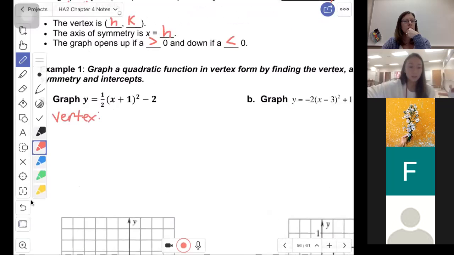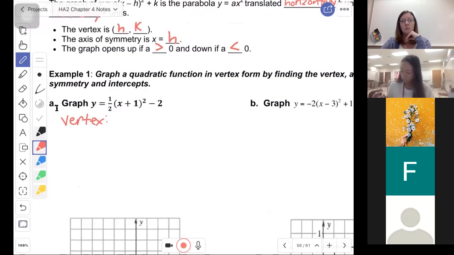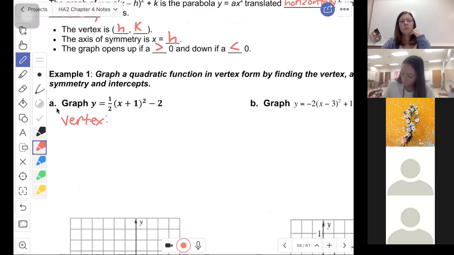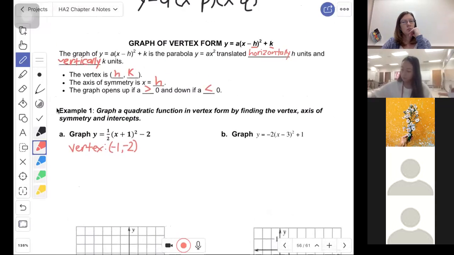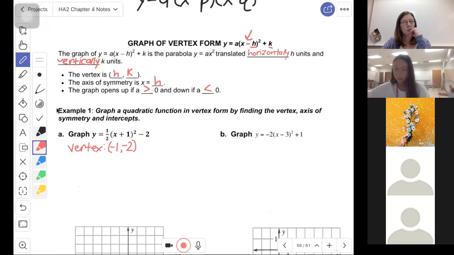Lacey, what is our vertex here? Is it -1, -2? Exactly, yeah. Because that vertex form has that subtraction in front of the h, so if it's positive, then that h is negative. Awesome.